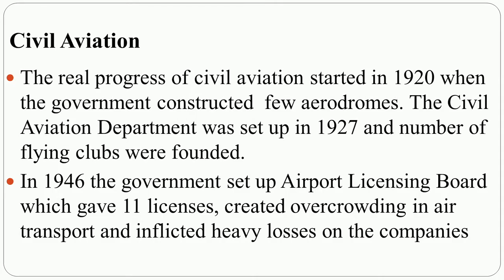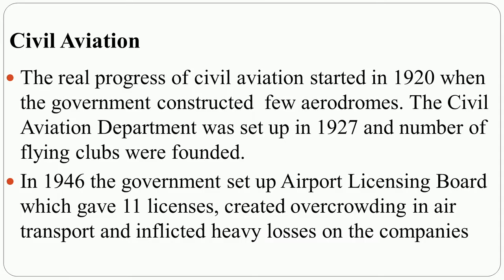In terms of civil aviation, the real progress started in 1920, when the government constructed a few aerodromes. The civil aviation department was set up in 1927 and a number of flying clubs were founded.